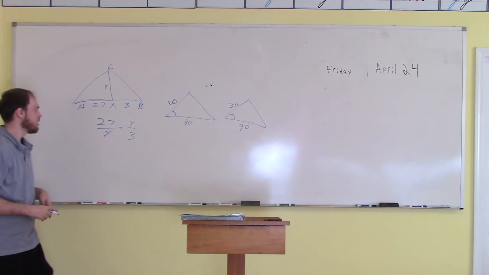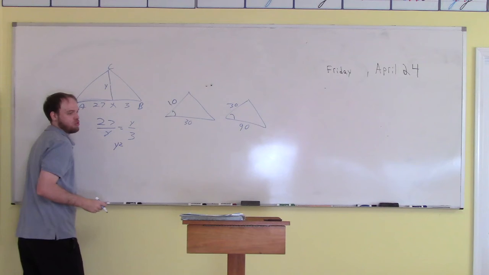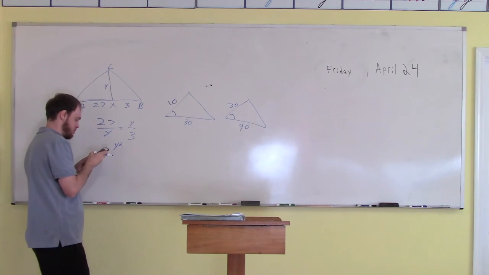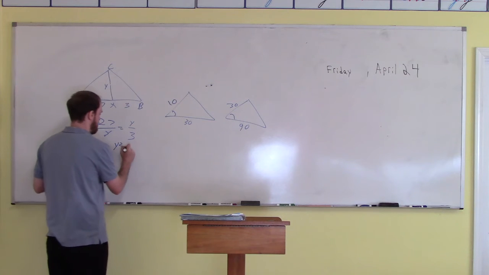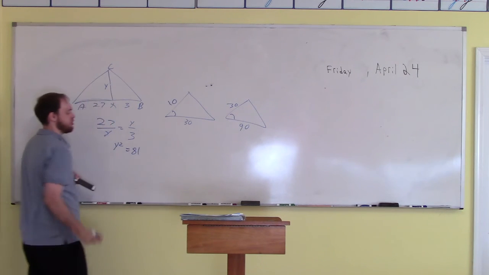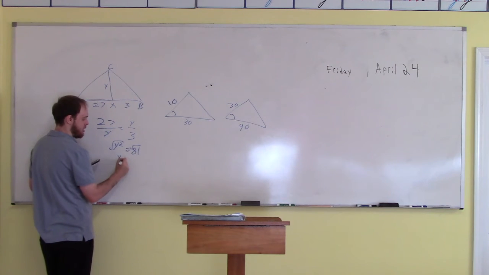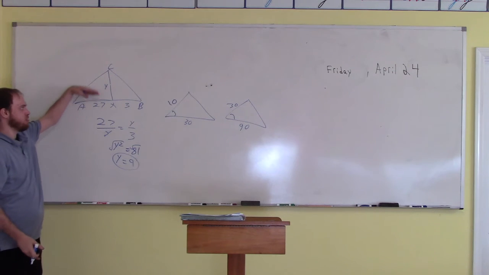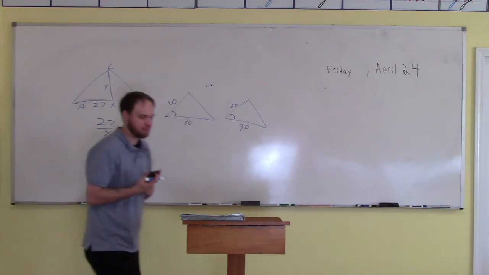So again here, Y times Y would give us Y squared. 27 times 3 would give us 81. So Y squared equals 81. Then you would square root both sides. And so you would get Y equals 9 as your answer. So again, your segment to your altitude is equal to your altitude over your segment. That was that one.